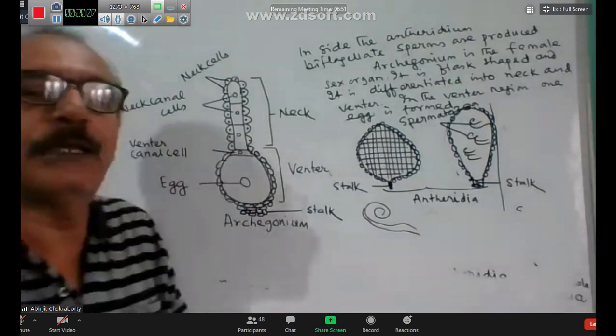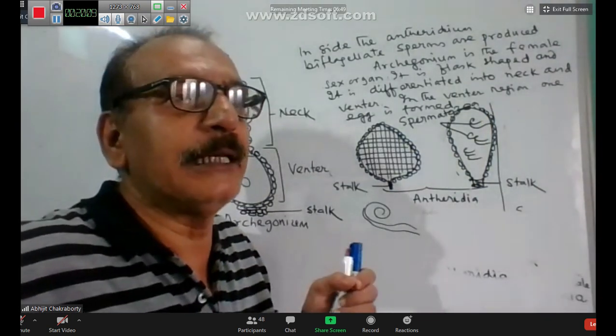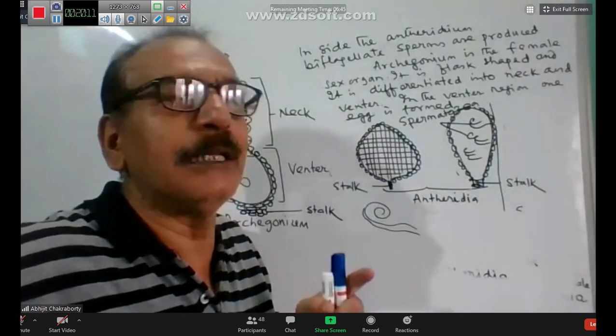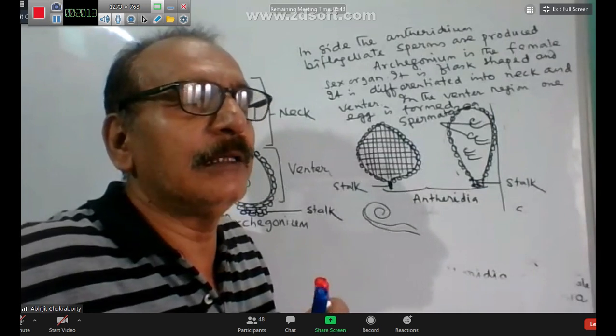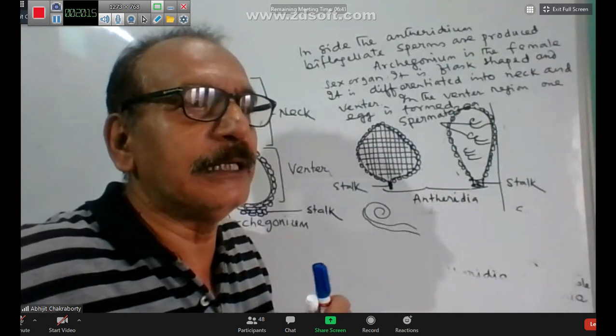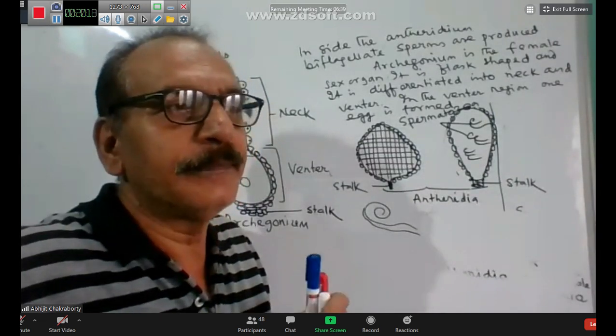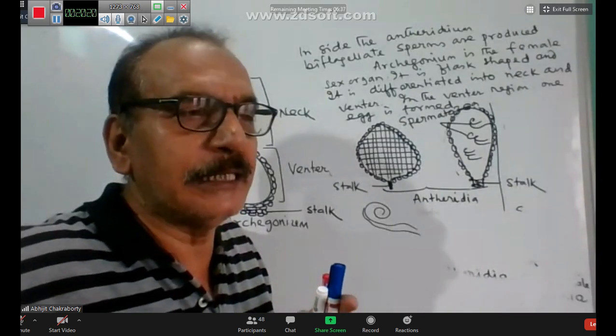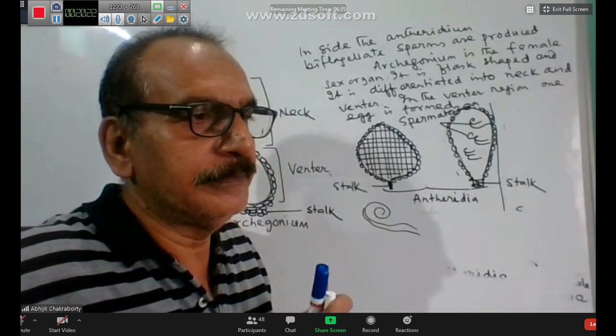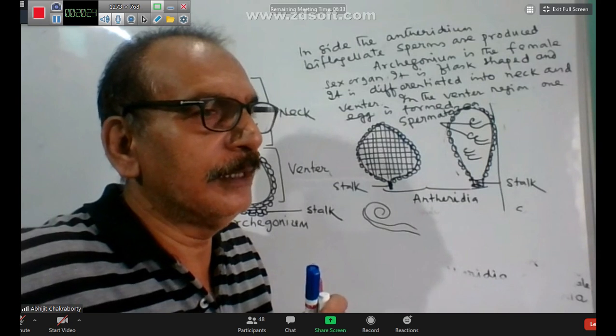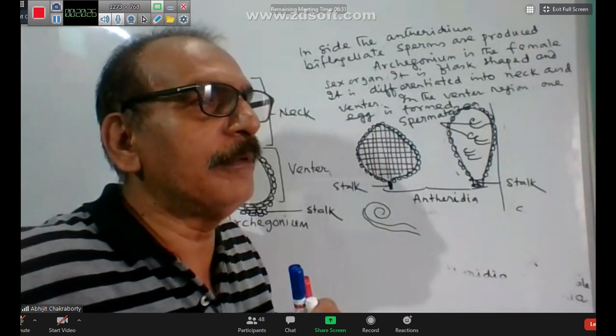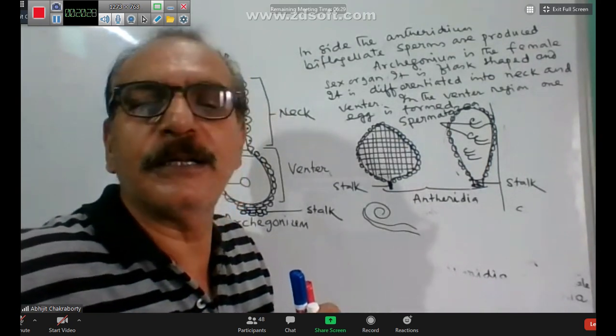They require aquatic environment to facilitate fertilization and to protect them from desiccation. And they require terrestrial environment for spore dispersal.